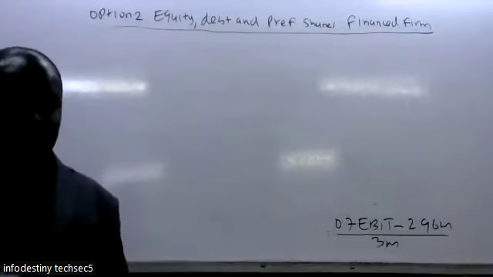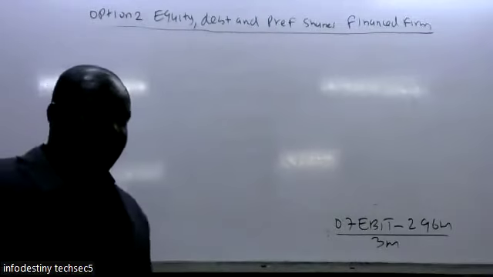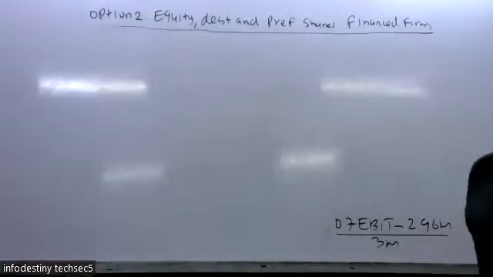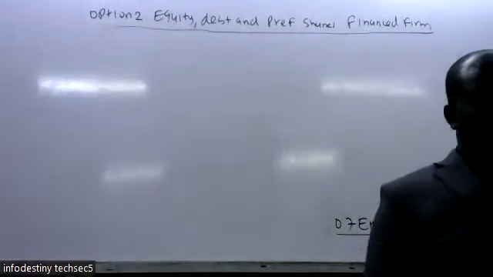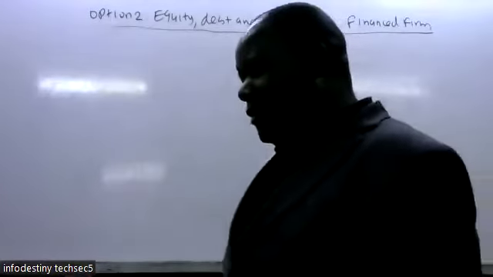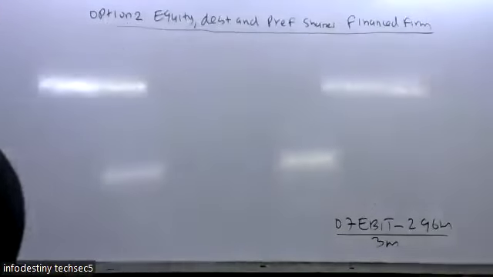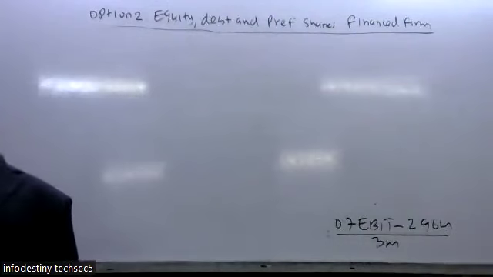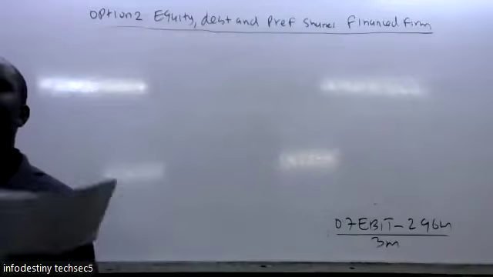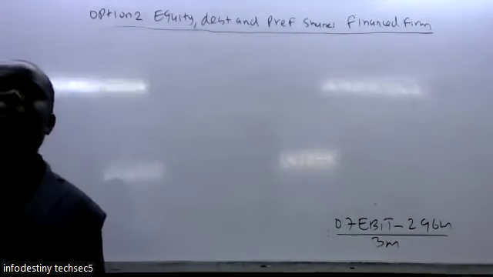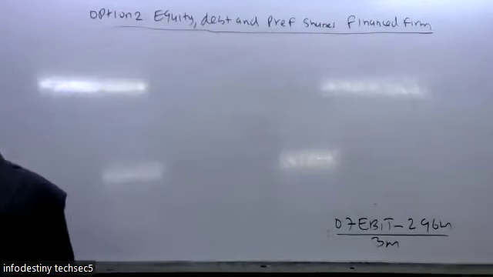When you go to option 2, they have said that to raise that 10 million, a half of the funds will come through what? Issue of the new ordinary shares, and the balance through the issue of the new 12% debentures at par. So even if now I issue new ordinary share and debenture, the company's capital structure will still have what? Equity, debt, and preference, because that's additional capital we are raising.